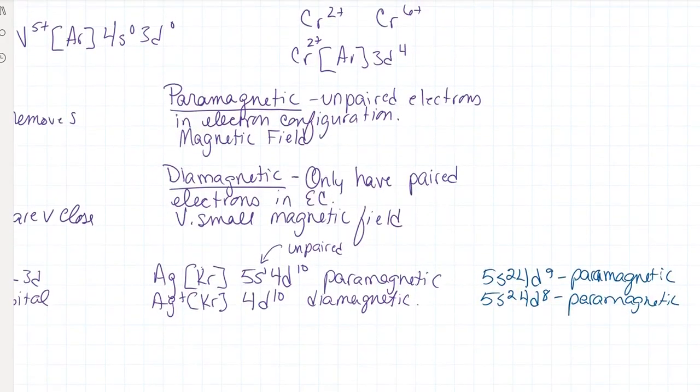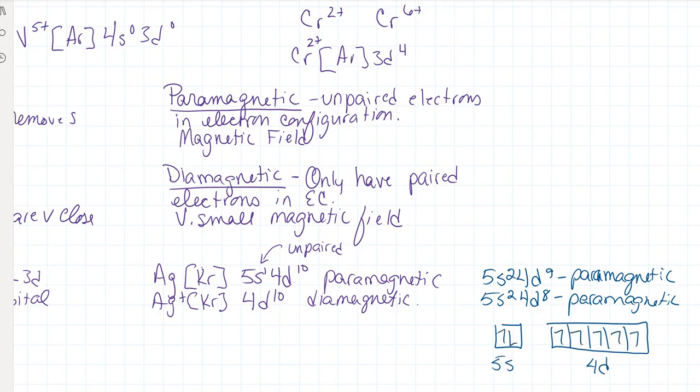And that's because when we take a look at this, if I have my 5s2, I would see that I still have 2 unpaired electrons. But this is not what I observe experimentally.